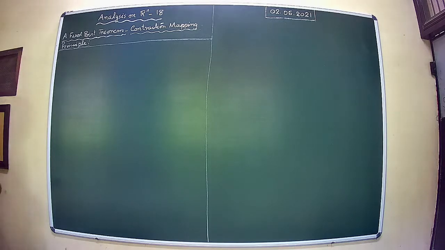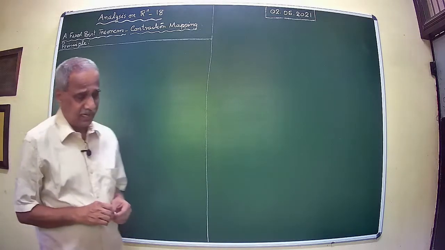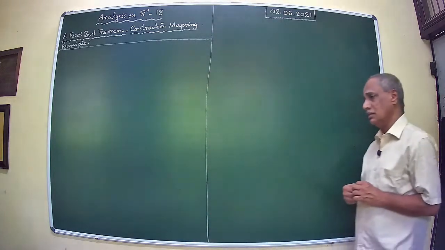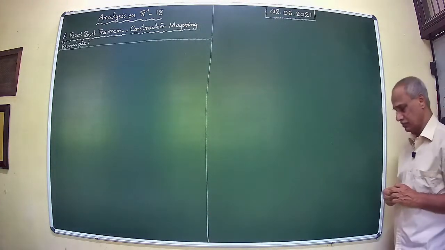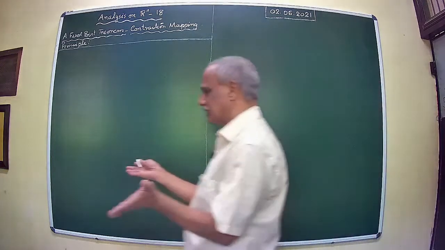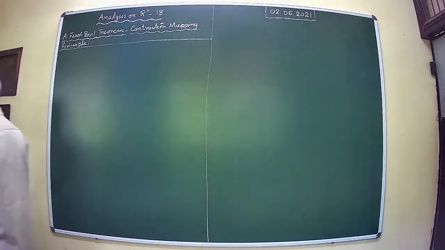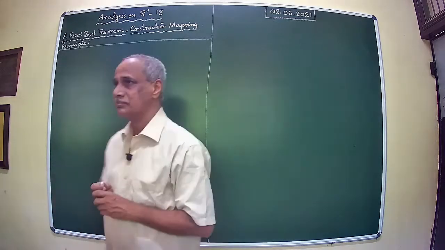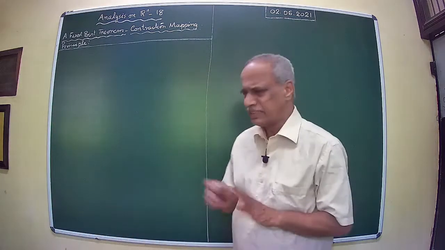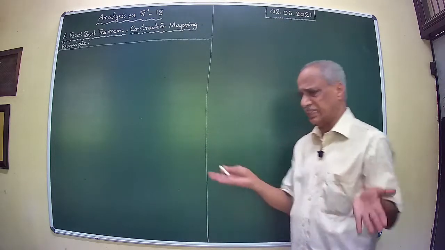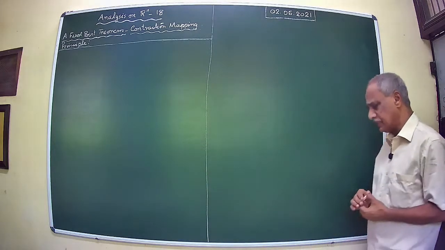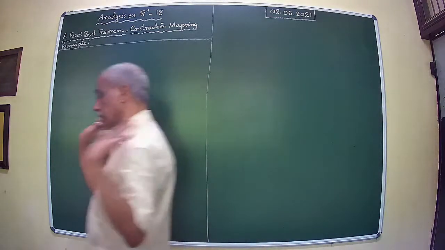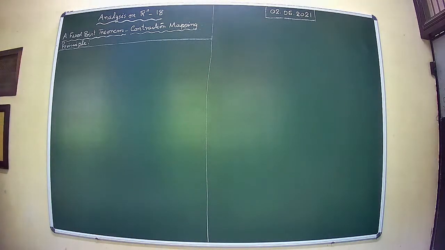See, the attempt is to find zeros of a function. Let us take f defined on some interval a to b, with some conditions like continuity and maybe some more restrictions, or defined on the whole interval minus infinity to plus infinity.